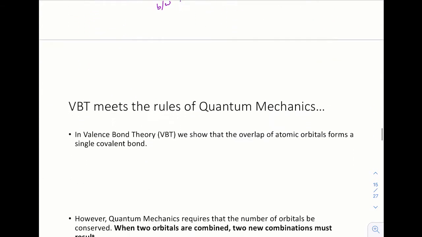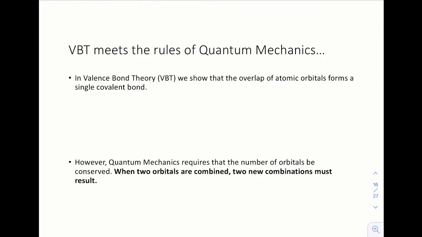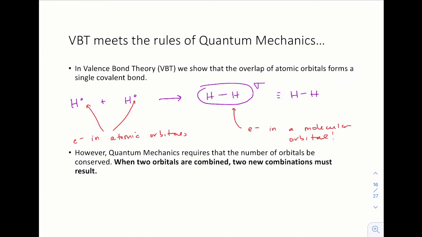Awesome. Well, in valence bond theory, we certainly do show that the overlap of atomic orbitals forms a single covalent bond. However, the rules of quantum mechanics require that the number of orbitals be conserved. When two orbitals are combined, two new combinations must result.